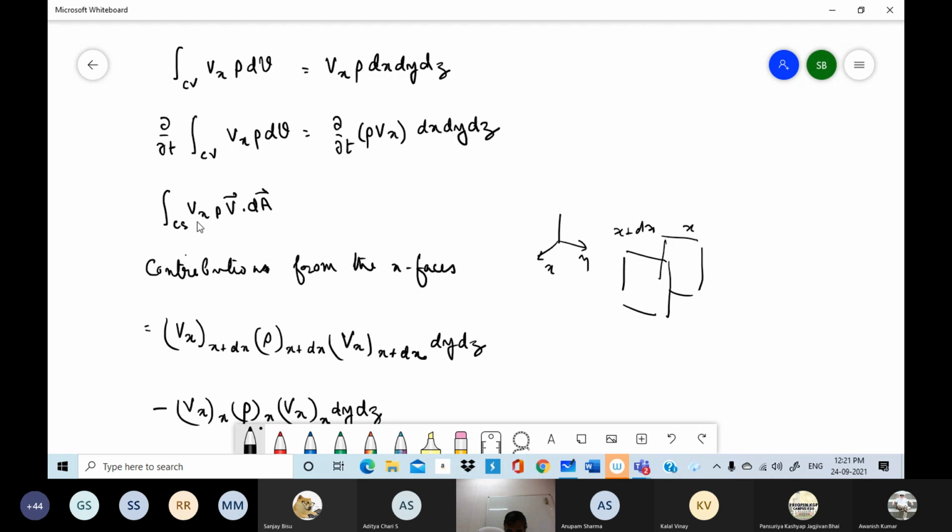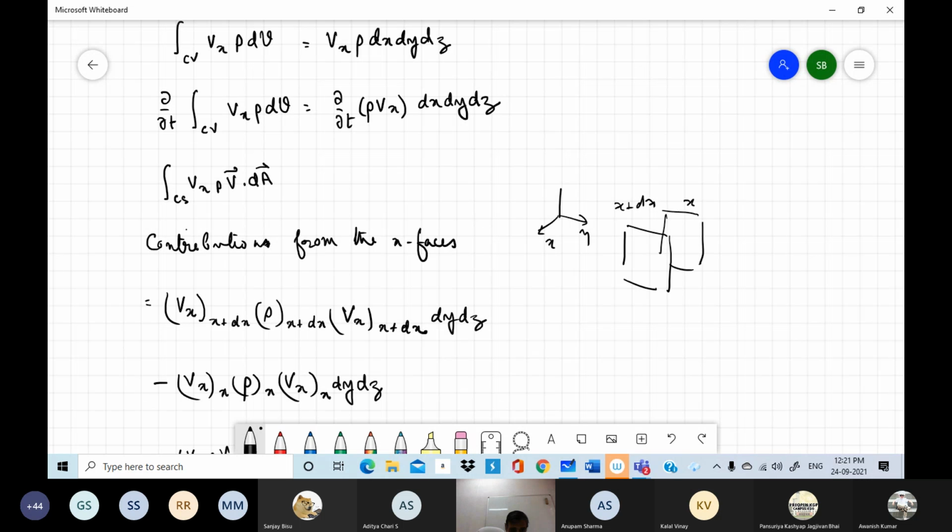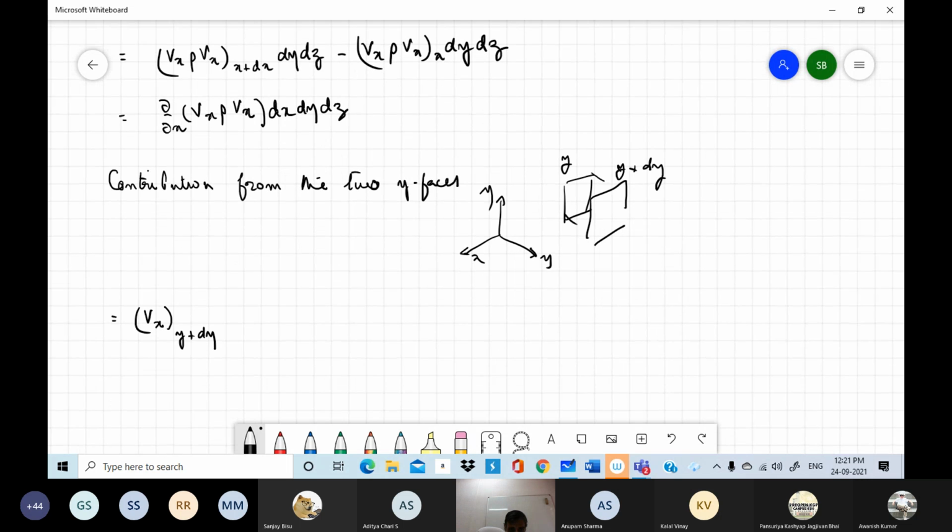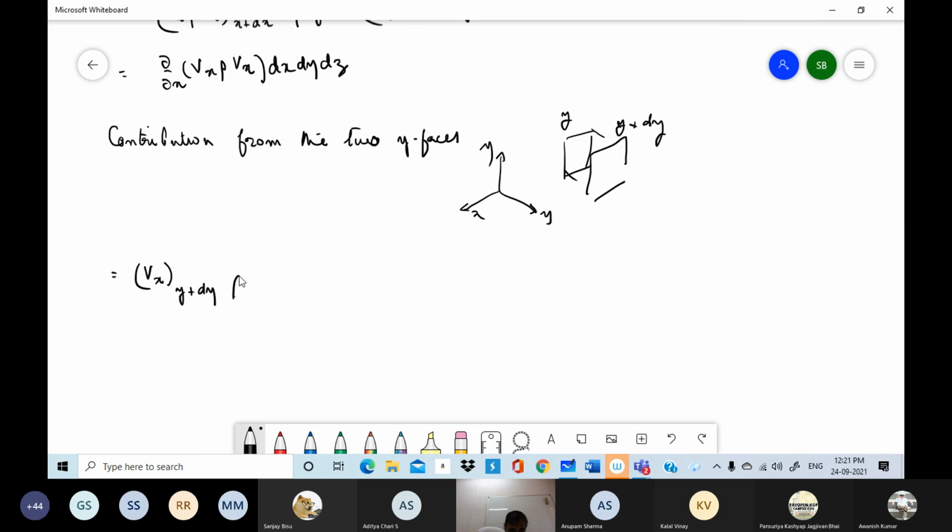So the first term in the factor in the integrand is Vx, then a rho again evaluated at y plus dy into v dot dA. So the dA is now at y plus dy.